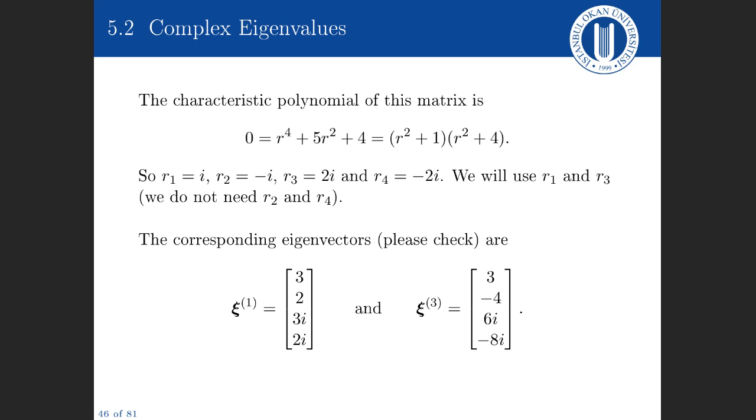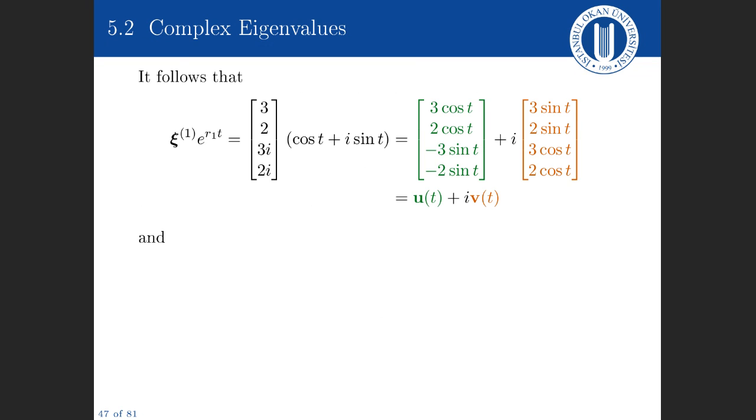The corresponding eigenvectors, and I leave this for you to check, are 3, 2, 3i, 2i, and 3 minus 4, 6i, and minus 8i. I'm skipping through a lot of the details here. Using r1 and xi1, we find a green function plus i multiplied by an orange function.